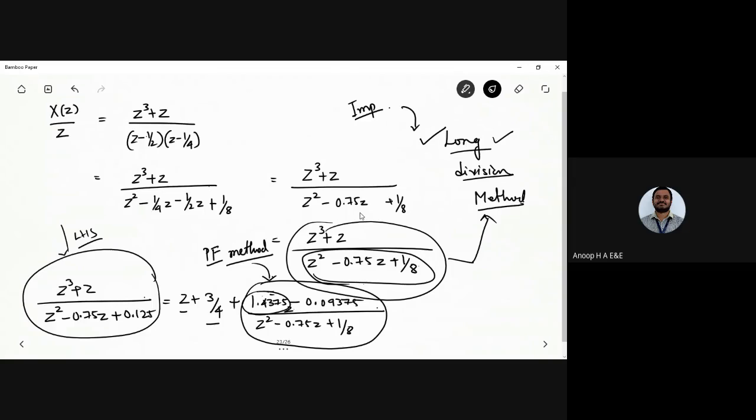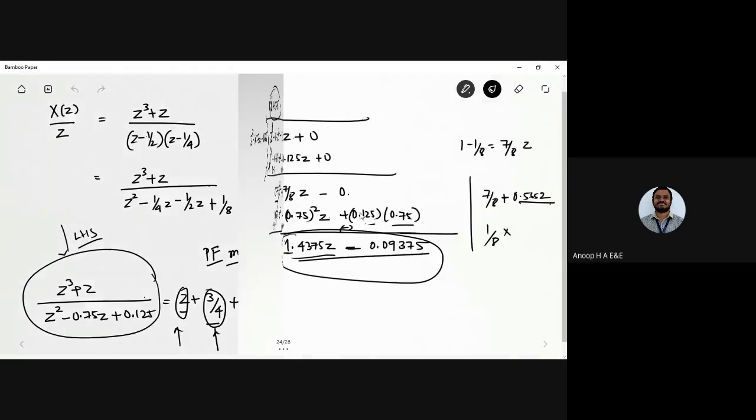If you take the Z transform of these functions, it is a standard one. We all know what it means. So it is quite easy to find the inverse Z transform of the first terms, and the last term needs to be performed by the partial fraction method.